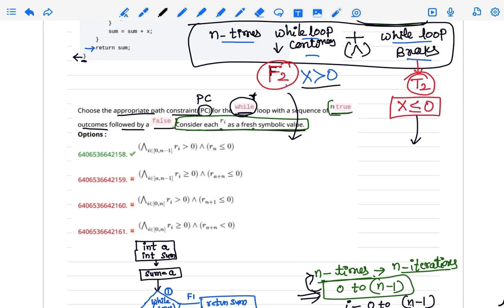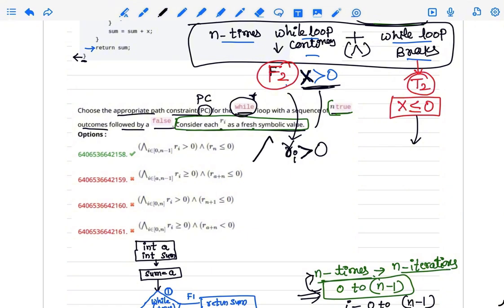So x greater than 0 means, write this condition: ri greater than 0, not greater than or equal to, only greater than. So here only x greater than 0. So we are changing x to ri greater than 0.